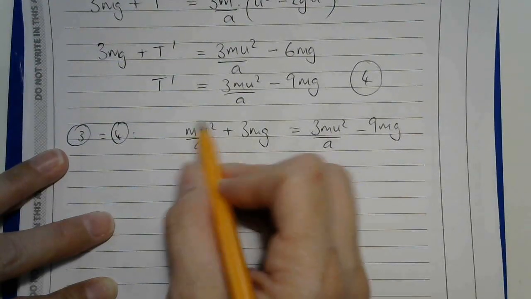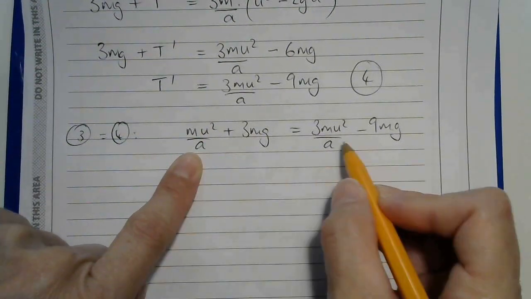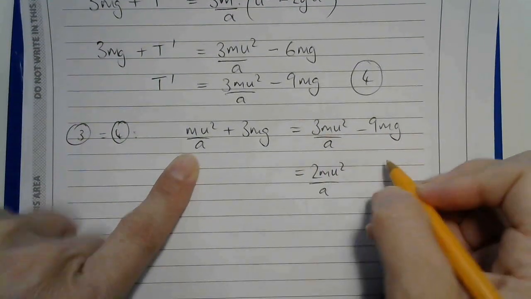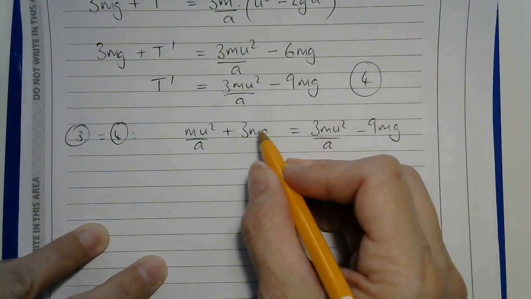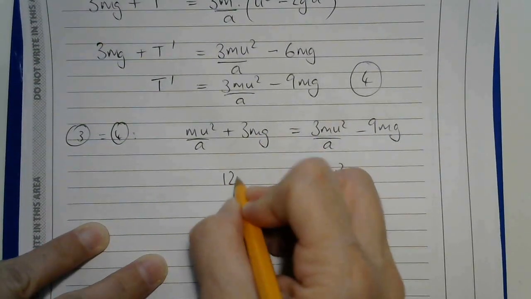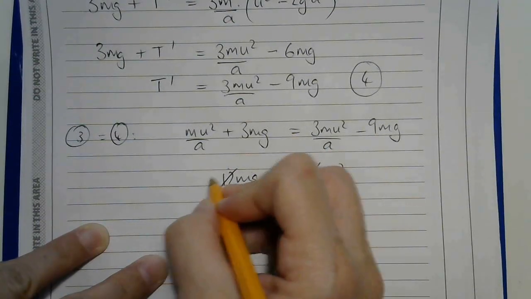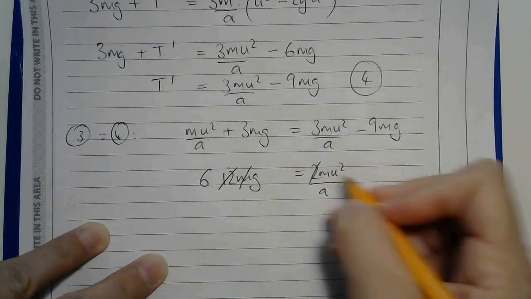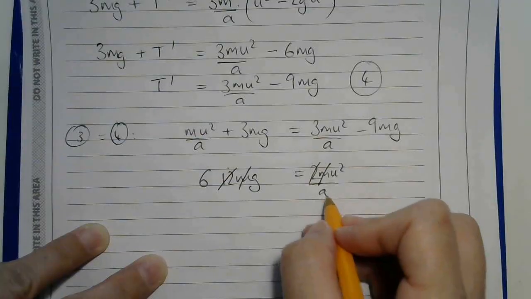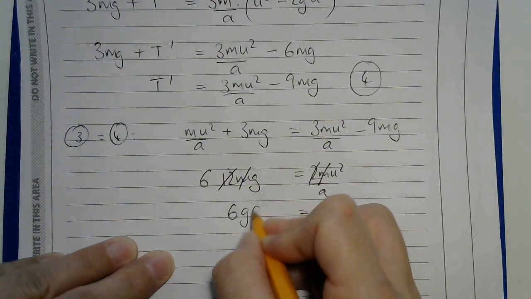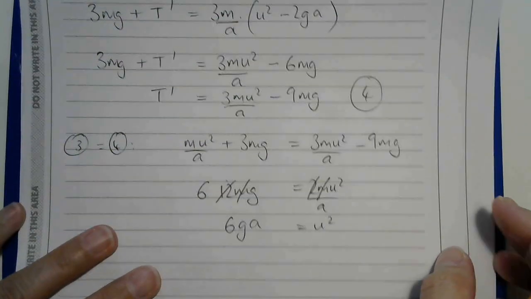So taking away mu squared over a from this, I get 2mu squared over a. Adding 9mg to both sides, I get 12mg here. So dividing these both by 2, dividing both by m, multiplying both by a, I get that u squared is 6ga as required.